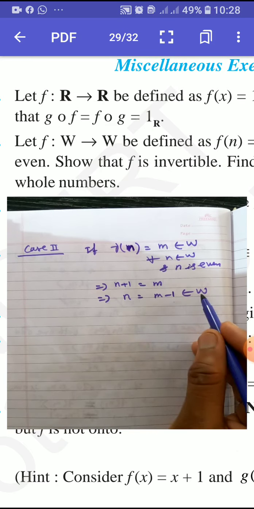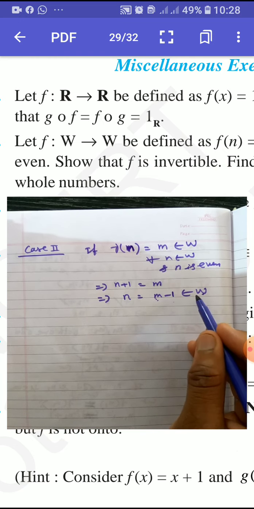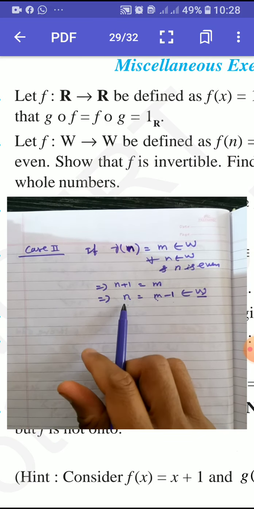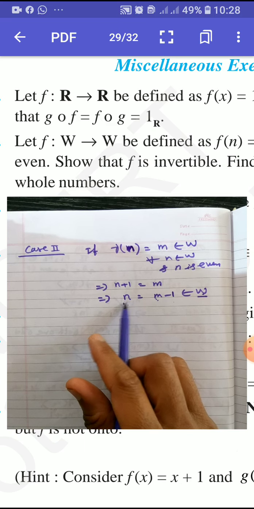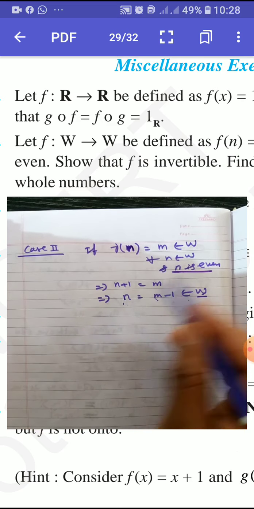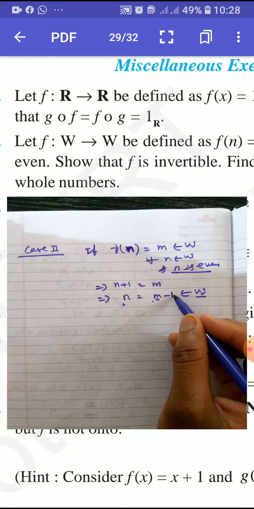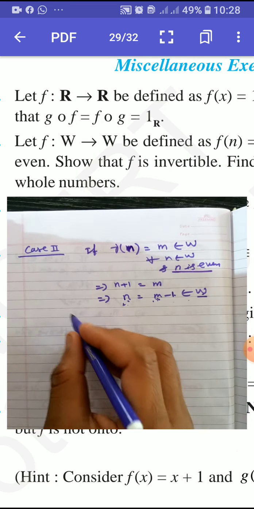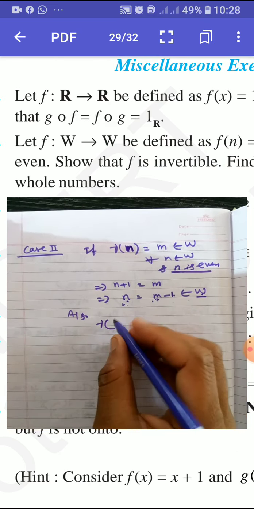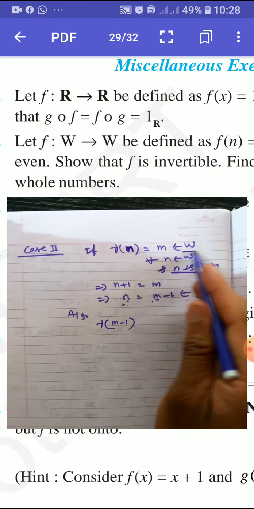Since for every value of its codomain, right, which depend on some value of its domain, right? Since n is even, so definitely m will be odd, minus 1 will be even, right? Also you can write for every value of n which depend on m, means m belong to whole number.